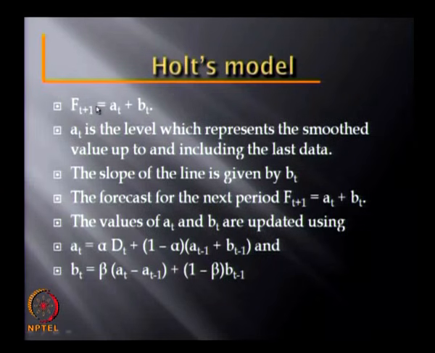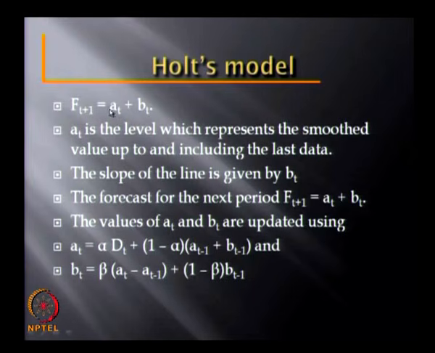Now, F t plus 1 is the forecast for period t plus 1, a t is called the level which represents the smoothed value up to and including the last data. b t is the slope of the line that we are fitting at the point t.